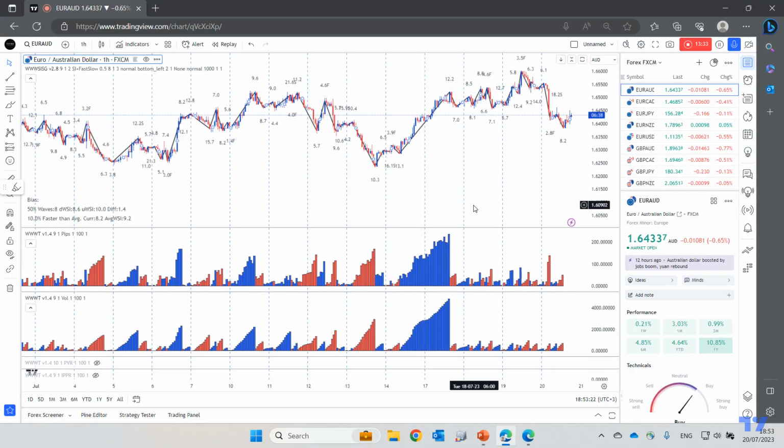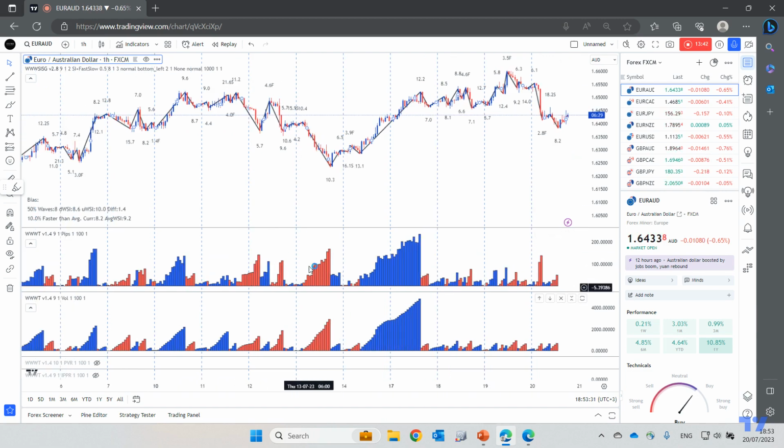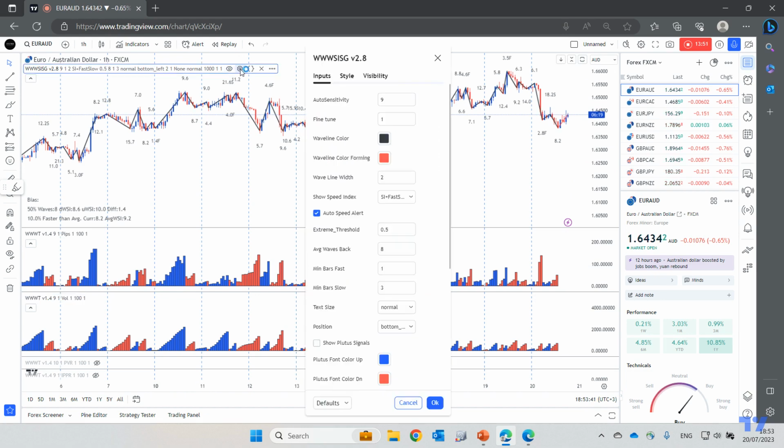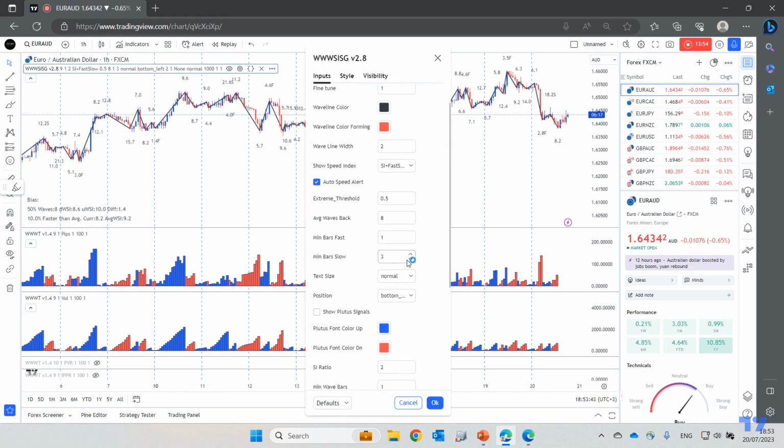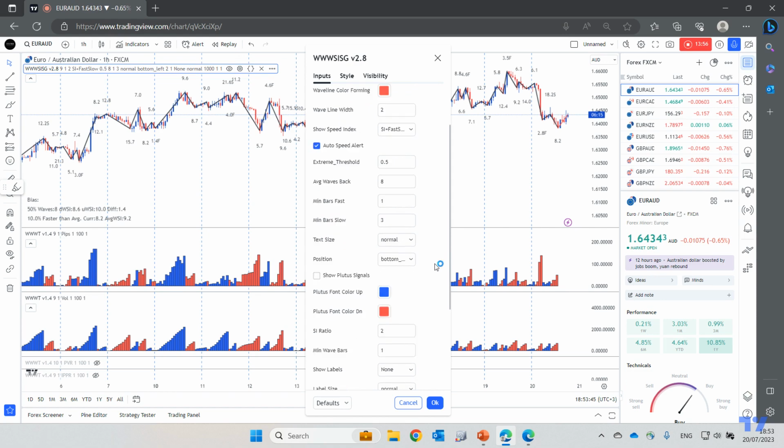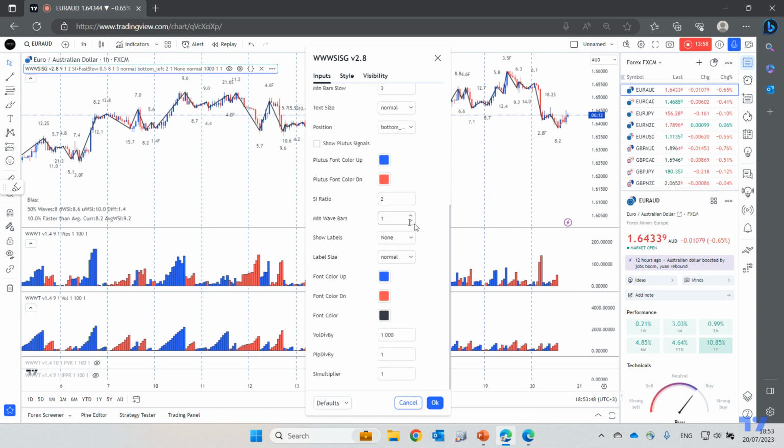Okay, and we are here on Euro Australian dollar, and I will focus. Let me make the speed index numbers larger so you can see them. What are the labels? Label size, normal, let's make it large.